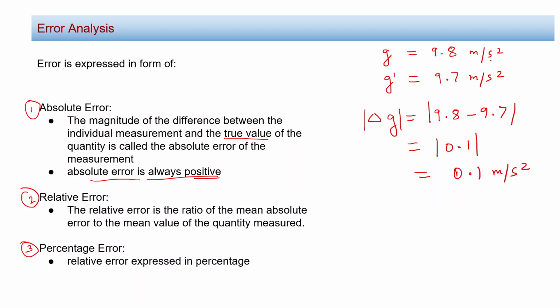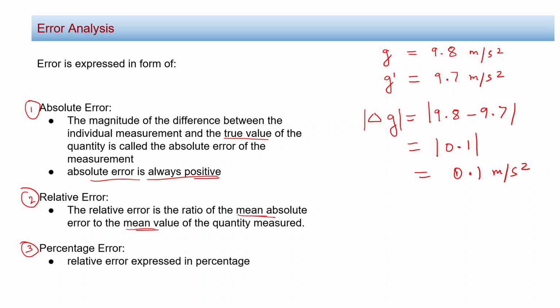There is another way to give the error for any measured value, which is relative error. In relative error, it is the ratio of mean absolute error to mean value of quantity measured. I'll explain why we are talking about mean in the next slide.